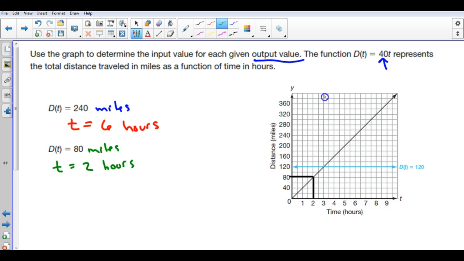And that kind of makes sense if you think about it. They're driving 40 miles in 1 hour. So then that would be 80 miles in 2 hours, and that would give you that point right there on our line. And notice every time they travel a certain time, they would be at a certain distance. So each one distance means that you would have one time associated with it.